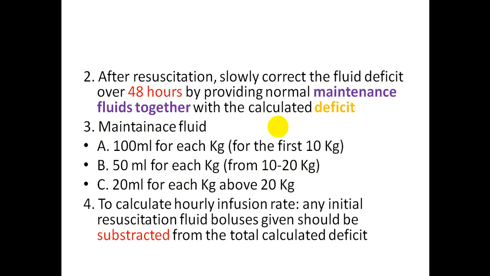Because the baby is 20 kilograms, we need around 1500 milliliters. To calculate the hourly infusion rate, we also need to subtract the initial resuscitation fluid bolus from the total calculated deficit.